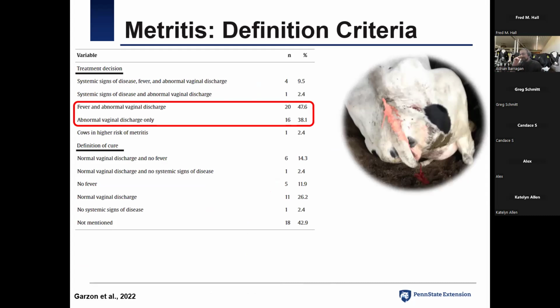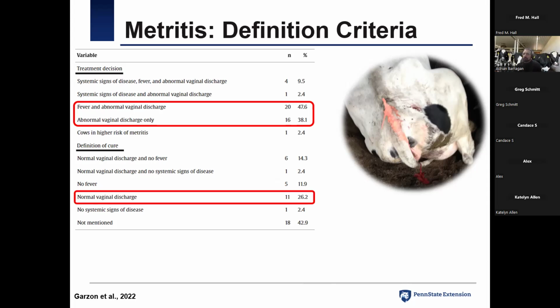There are some studies that actually did only abnormal vaginal discharge, but in most of the studies, they have the combination of systemic signs and vaginal discharge. And we'll talk about that a little bit later, especially about a study that we published a few months ago this year, where we actually found a difference between the treatment approach that we utilize based on the discharge of the animals.